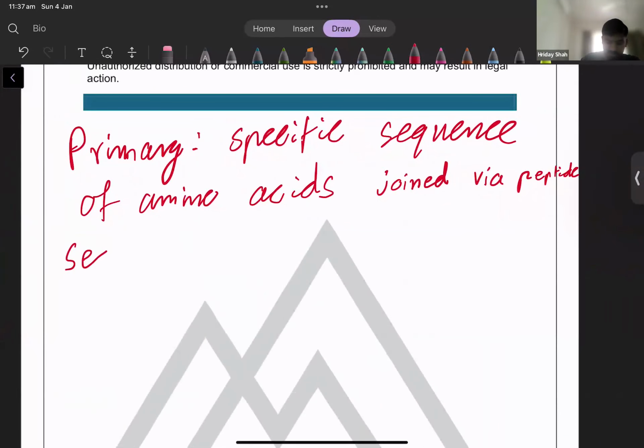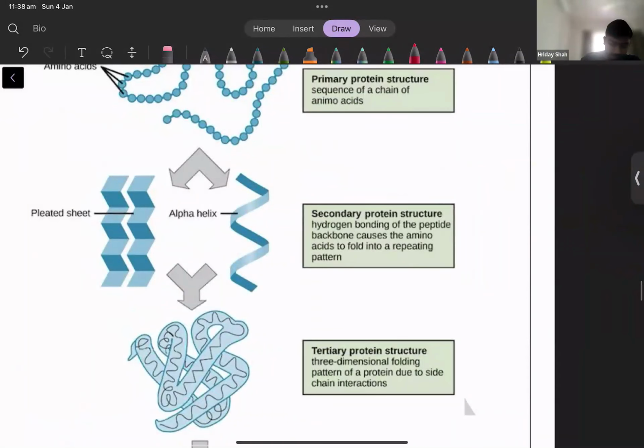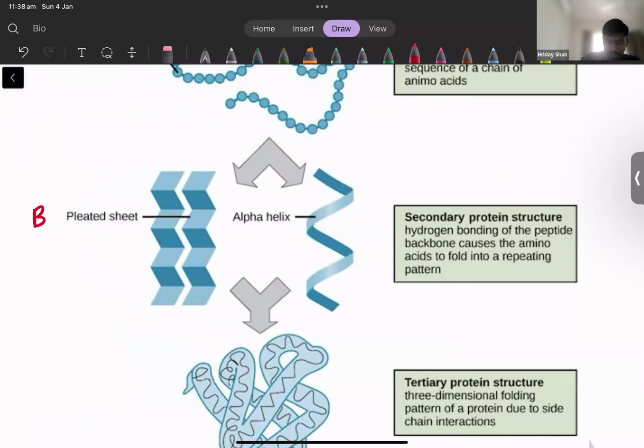The secondary structure is going to be referring to the creation of beta pleated sheets or alpha helices. So you can see like the structure, sheets have to have this folding. Now, alpha helix, right? I showed you a double helix structure for DNA.